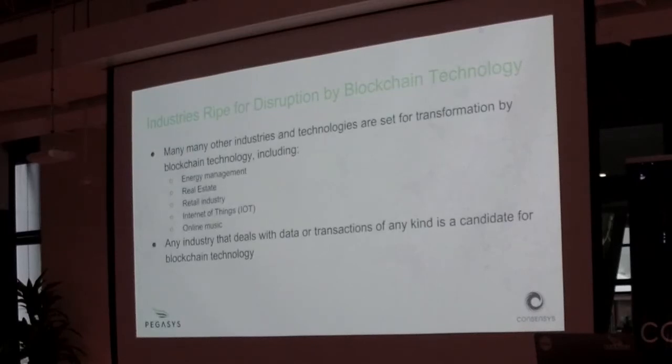And there are many other examples that we've talked about: energy management, real estate, the retail industry, Internet of Things. Basically, any sort of industry that deals with data or transactions that we care about, and we want to make sure it's secure, is a candidate for blockchain.